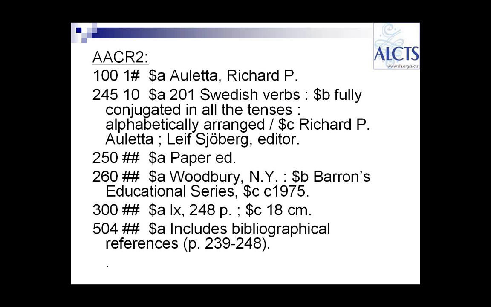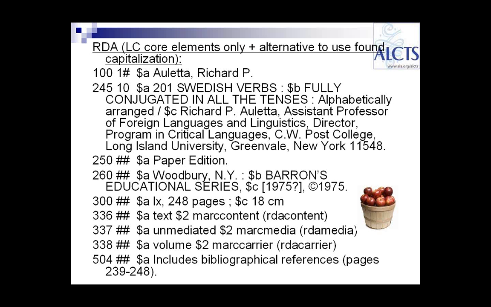And I'll just show you a few other examples that I have. This is an AACR2 record. And this is an RDA record with LC core elements only, plus an alternative to use when you are, for example, downloading a record.